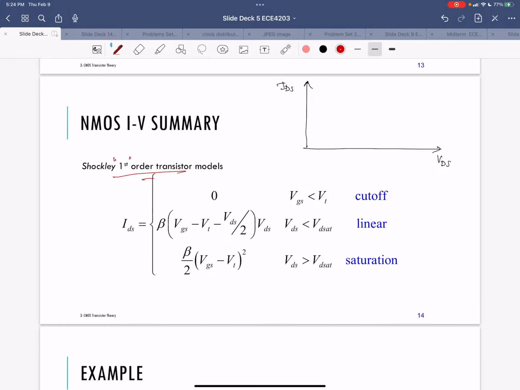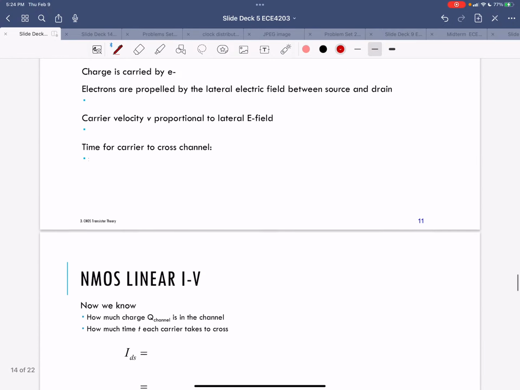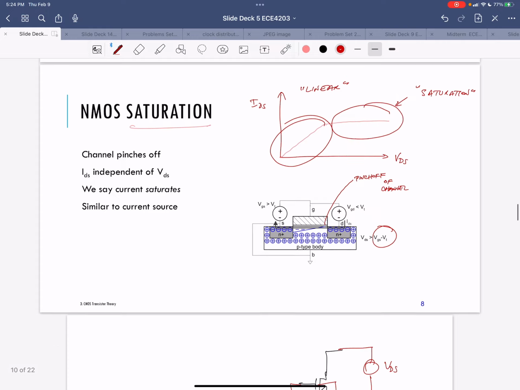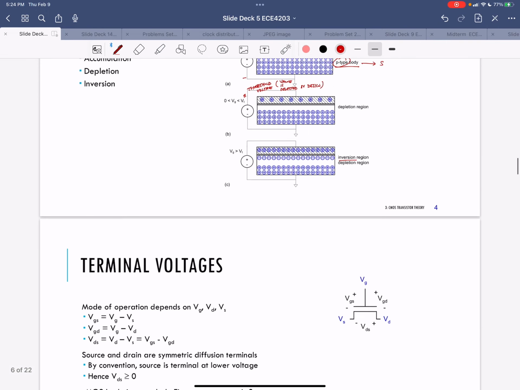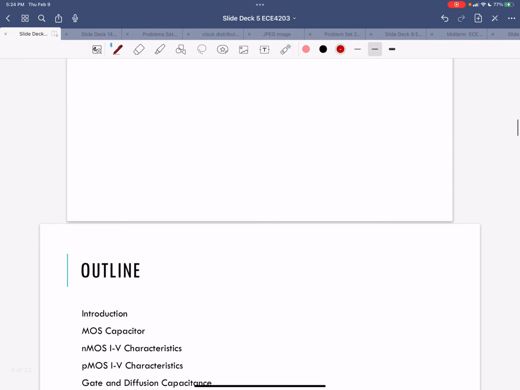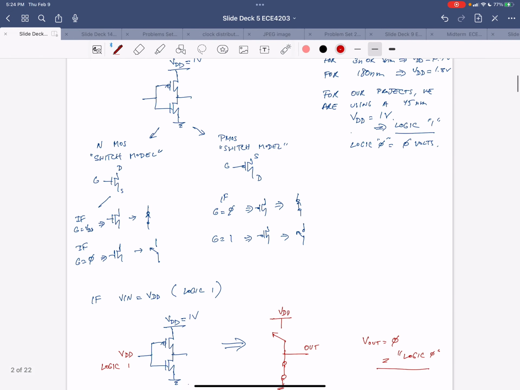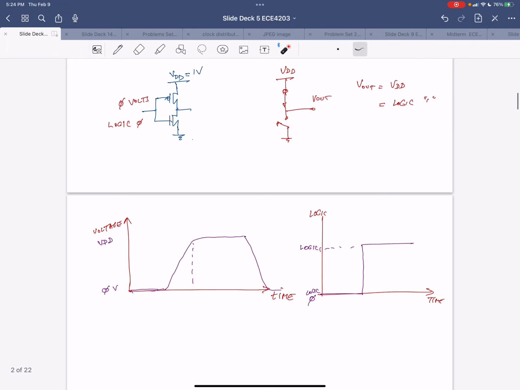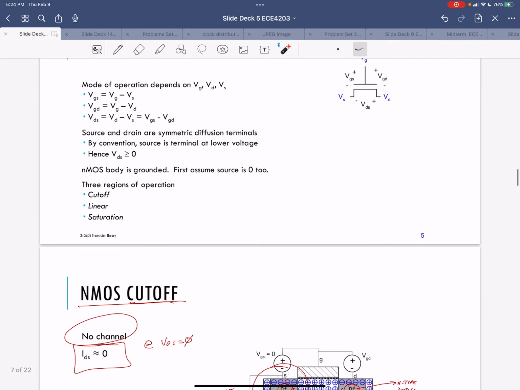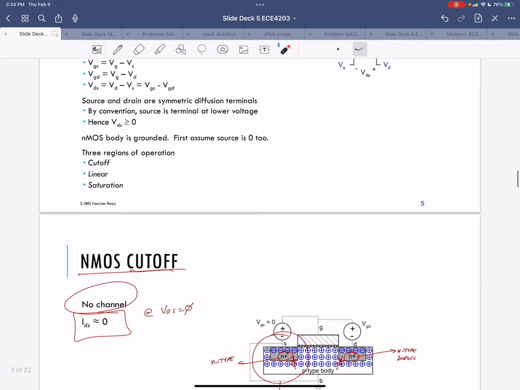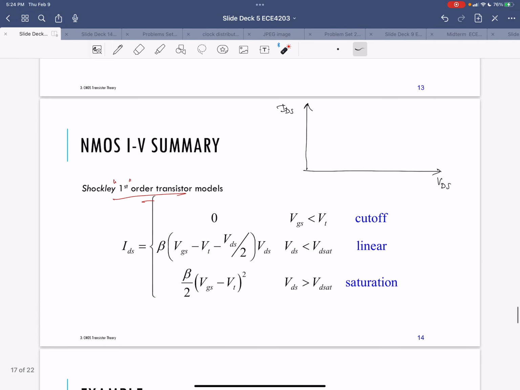The reason we call it first order is that this is not the complete explanation of what's going on, but it's just a better model than the simple switch model. It was the original model of how an NMOS transistor worked, and it's still a pretty good mental model.